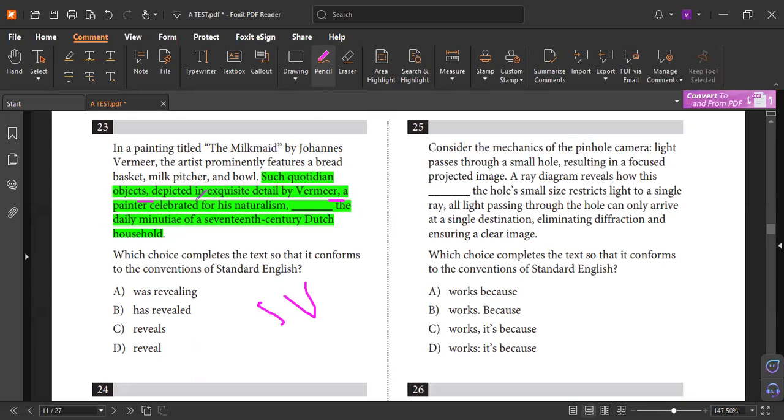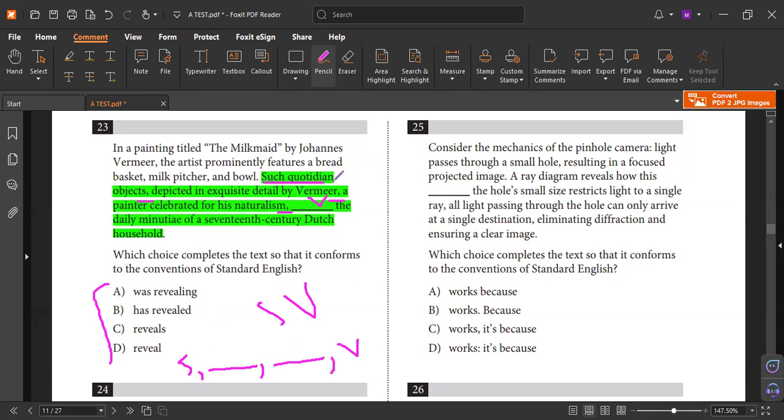They tell you what it is, which is or are depicted in X quasi detailed by, okay, don't care. So such objects, a painter celebrated for his materialism, comma. So remember, we have subject, comma, non-essential information, comma, non-essential information, comma, verb. Look here, we have comma, comma, comma, comma. So we need a verb for this subject.